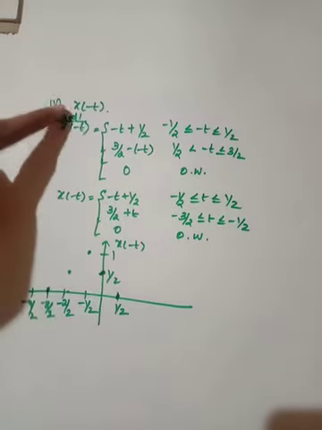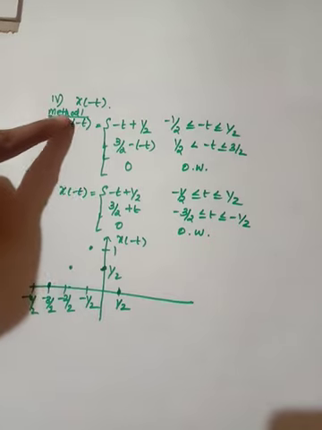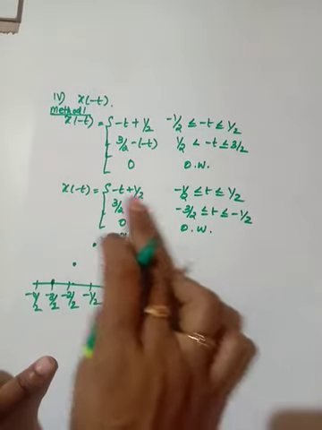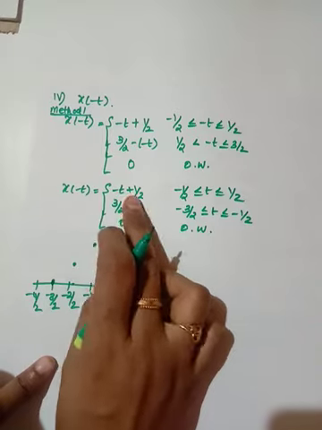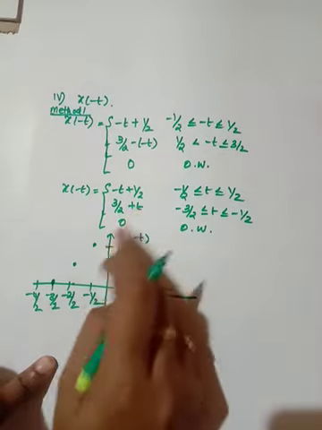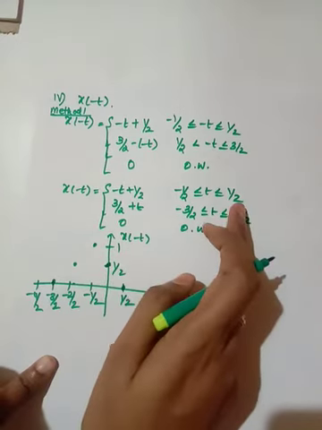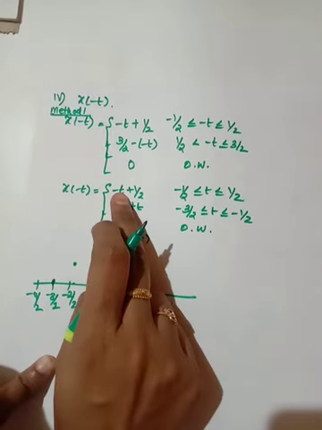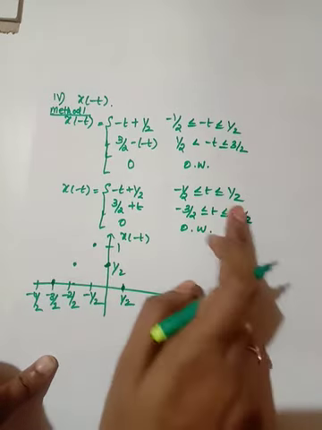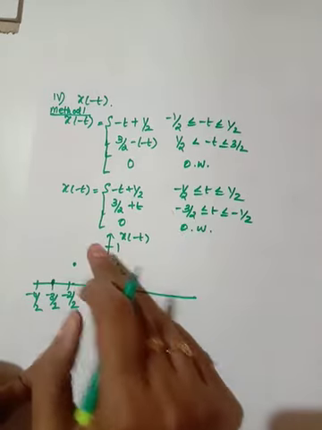Now the next one, x of minus t, this is time reversal. The same procedure I have done, and I have obtained this equation. Now I am going to substitute the range minus 1 by 2, so I am getting 0. Next range is 0. When I substitute 0, I get 1 by 2. Next range is 1 by 2. When I substitute minus 1 by 2, I am getting 1. First I substituted 1 by 2, 0 and then minus 1 by 2.